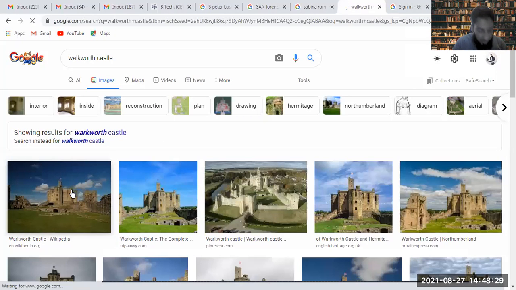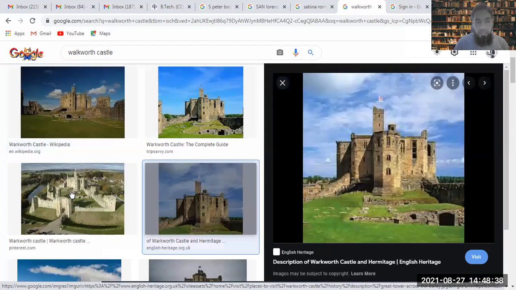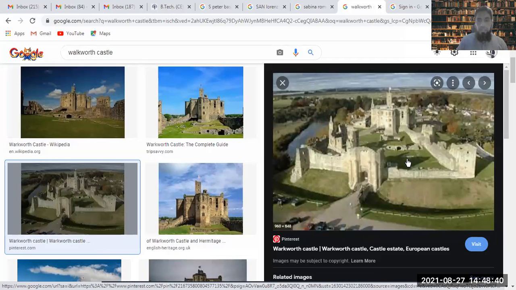This is Warkworth Castle, constructed in the 12th century. They all had the towers and wall designs. Similar features in all of these.